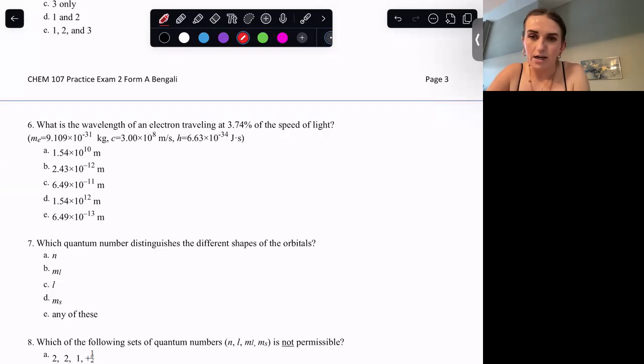Electronegativity, right, you usually will be given values for that if needed.